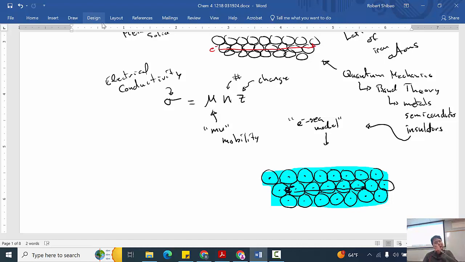If you look at the Redondo Beach pier, the pilings stuck in the ground are immobile. They don't have translational motion, but the water around them does. And so the electrons are like the water around the pier pilings. And this is the electron sea model for metals.